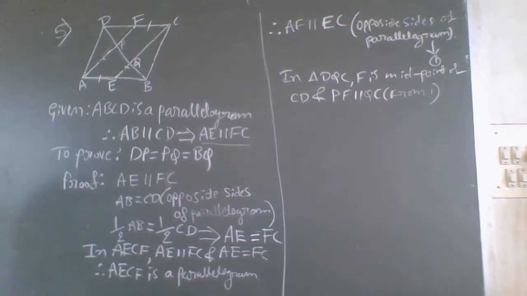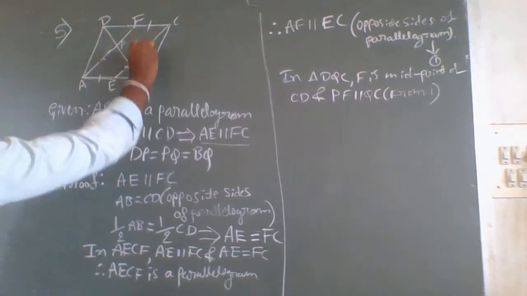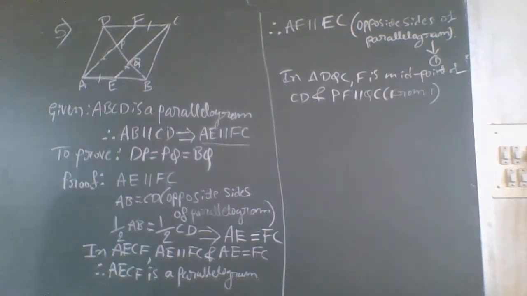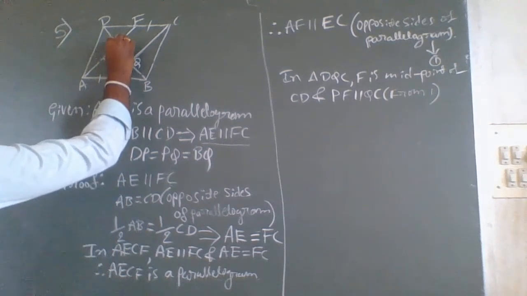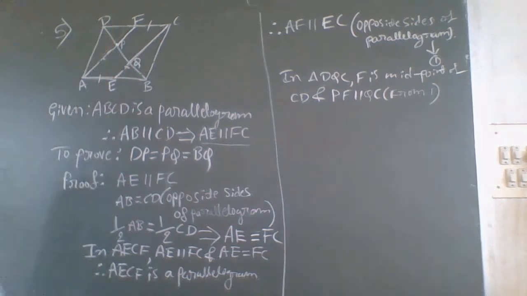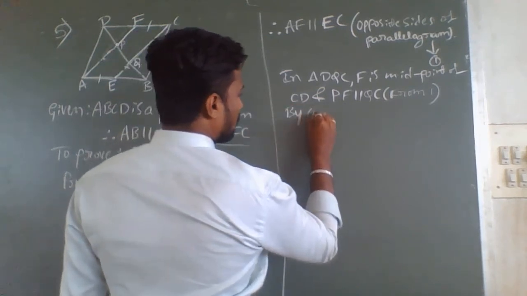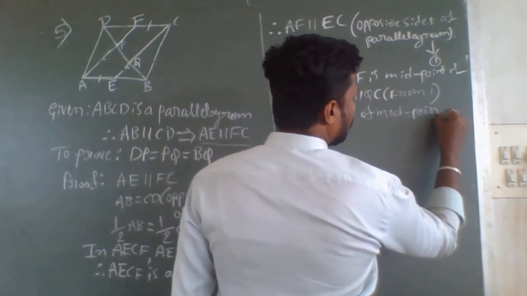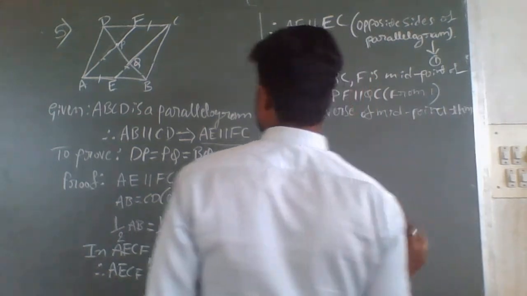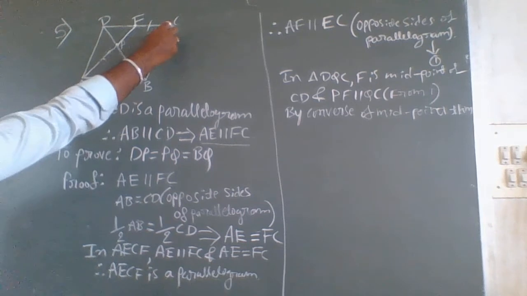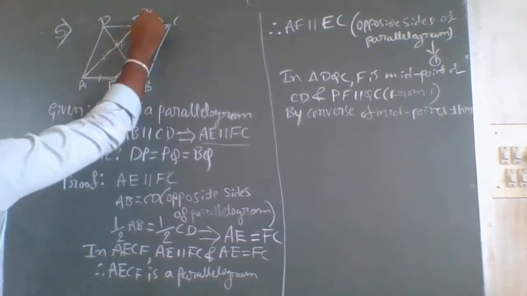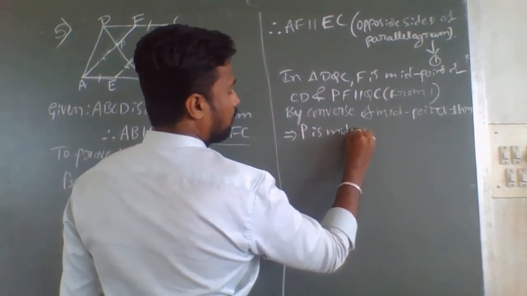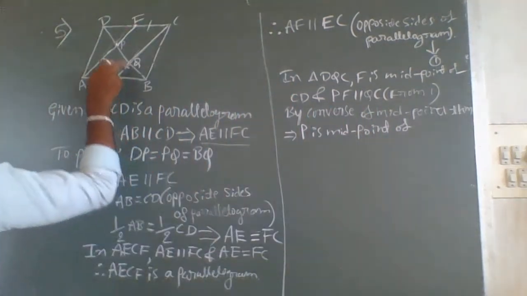So now what can you write? By the converse of the midpoint theorem, because F is the midpoint of this side and PF is parallel to QC, we can say that P is the midpoint of DQ.